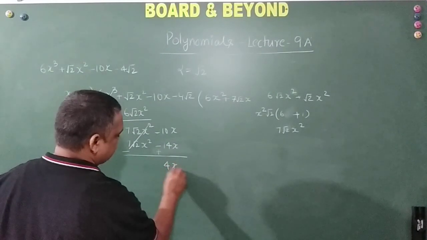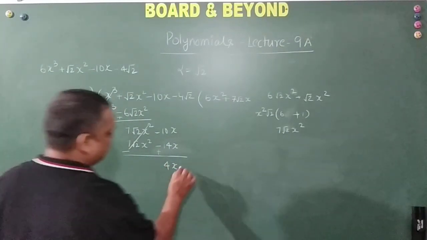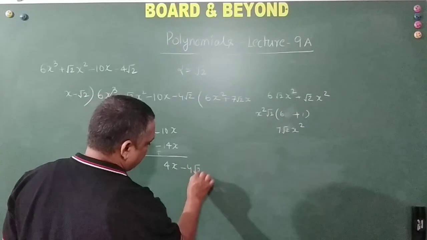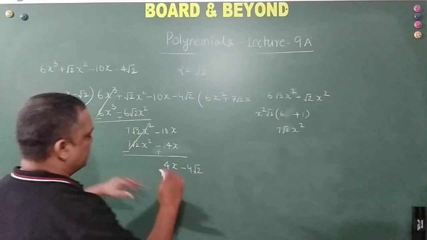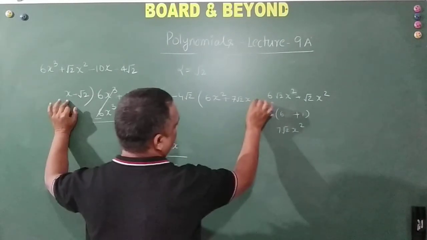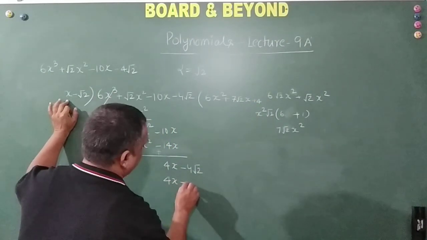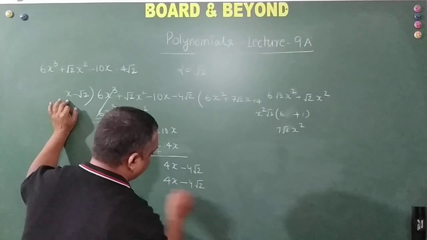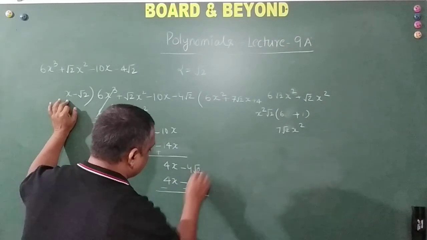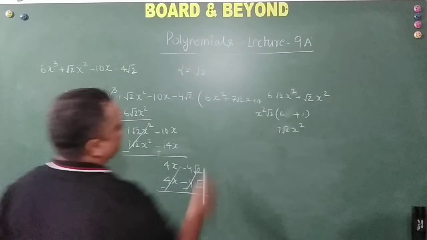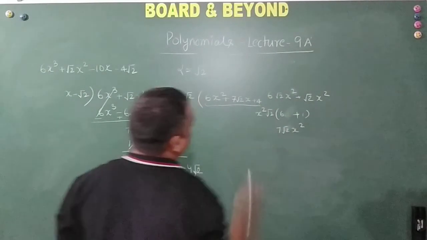So this is 4x, right? Whatever is left, minus 4 root 2. Right, friends? Now what is happening is that I need 4x, so plus 4. So 4x minus 4 root 2, minus plus, this gets cancelled, right, friends? So we are left with this.